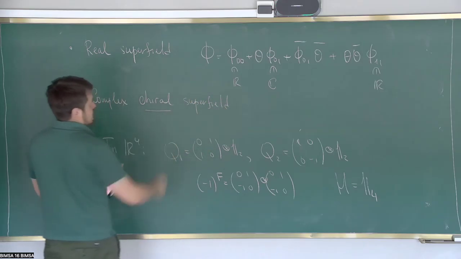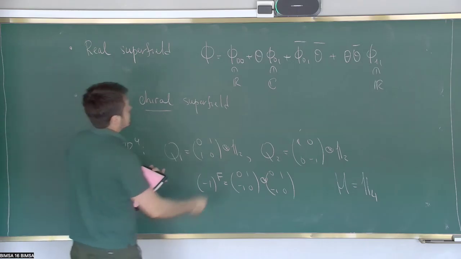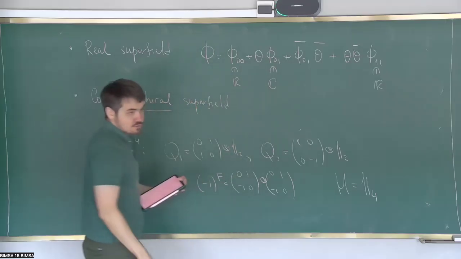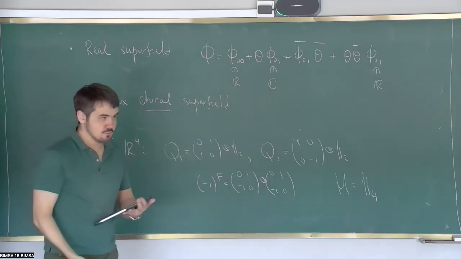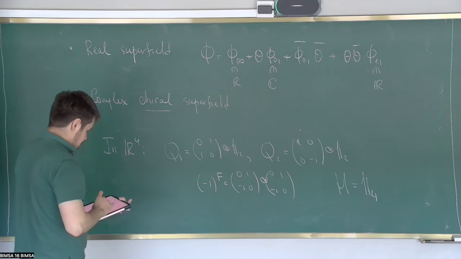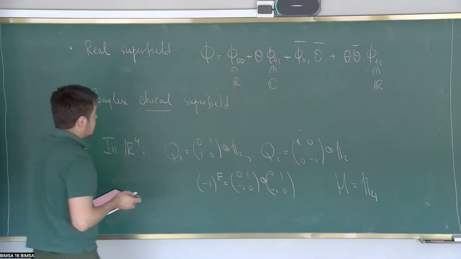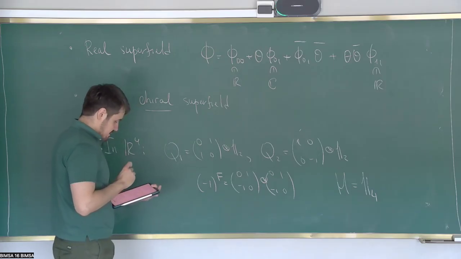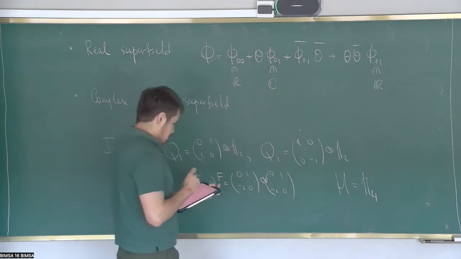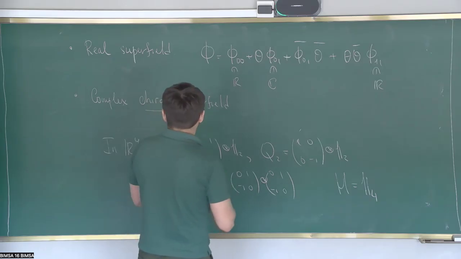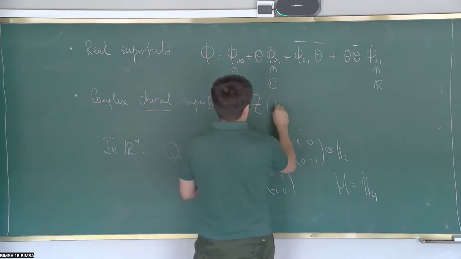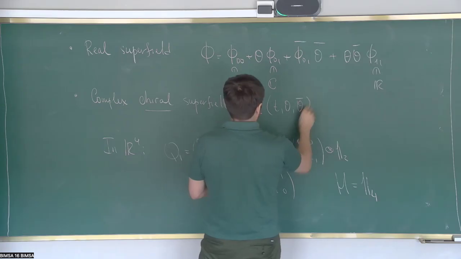The point is that if you just take a complex superfield phi with all independent components, then we have 4, right? We want two components. So there's some condition that we impose on phi so that it would have 2 components. Let's call it Z, to show that it's a complex variable. This depends on theta and theta bar.